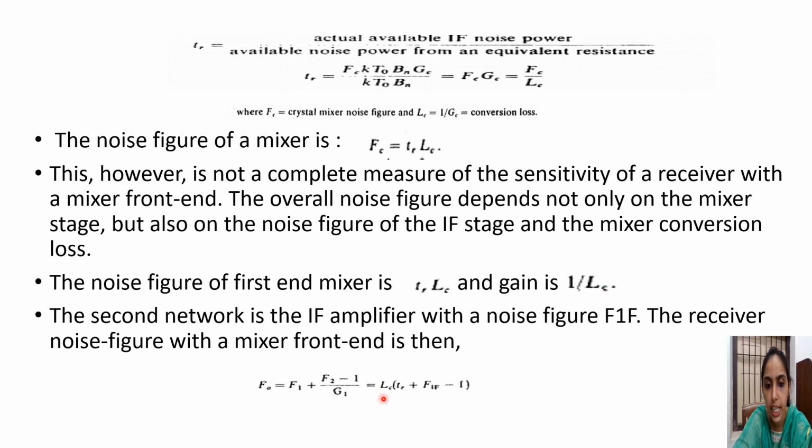So we can write it as L_C into (T_R plus F_IF minus 1). So when we are considering the noise figure of a mixer, we have to understand what is the conversion loss of the mixer, what is the temperature ratio for the mixer, and we also have to consider the noise figure of the IF stage. And here the expression is written for the overall noise figure, both for the output at the mixer as well as from the IF amplifier.